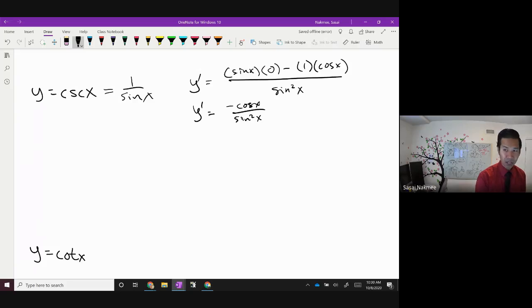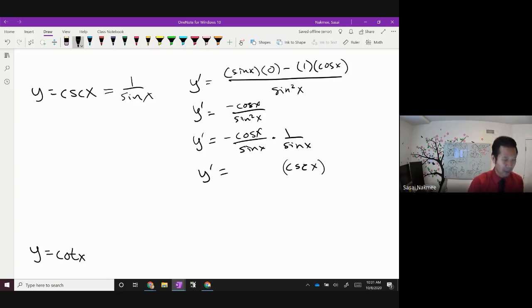And just like the trick I did earlier, I can split this up. Y prime is going to be equal to negative cosine x over sine x times 1 over sine x. Well, here's the deal. 1 over sine x is just the same thing as cosecant x. That's an easy replace. But this right here is different. Sine of x over cosine of x is tangent.